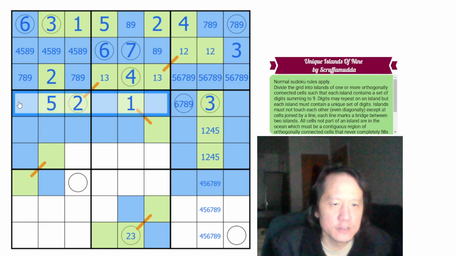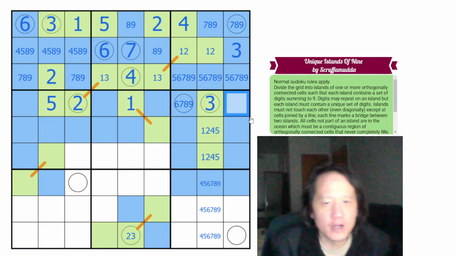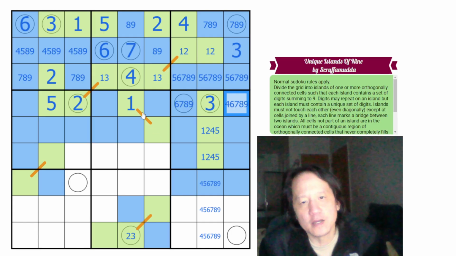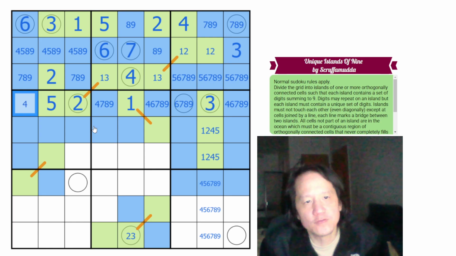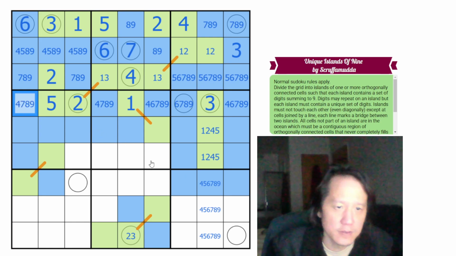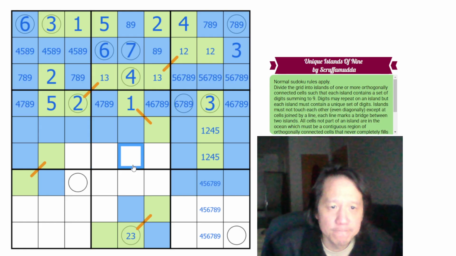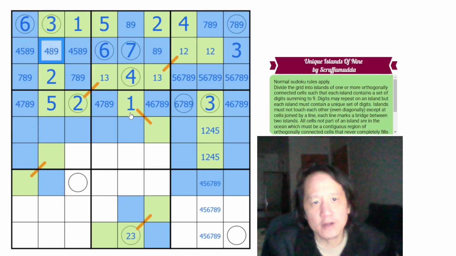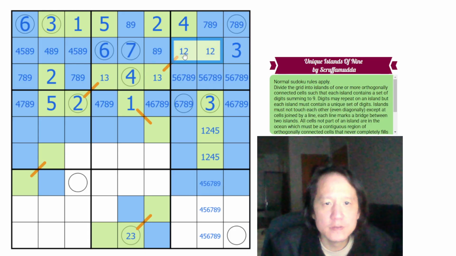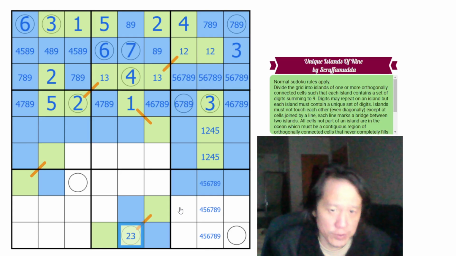The remaining cells in row 4 have to be 4, 6, 7, 8, 9. 4, 7, 8, 9, and this is 4, 7, 8, 9. Okay. This can't be 5. This is 2 or 3.